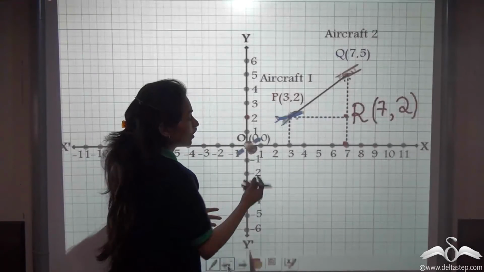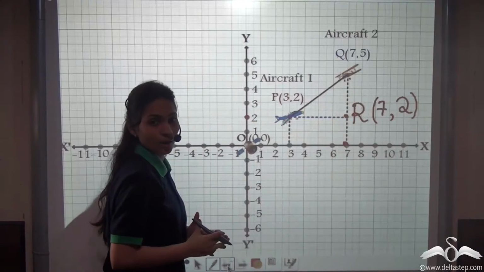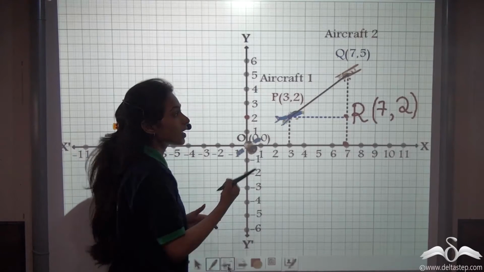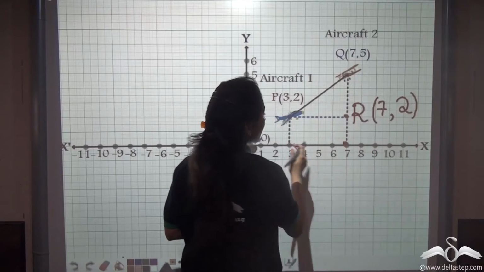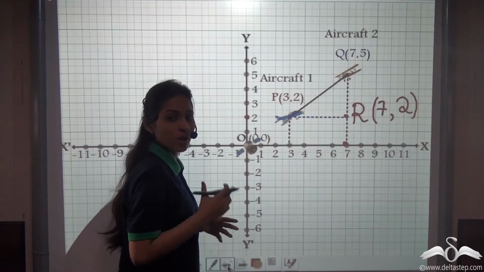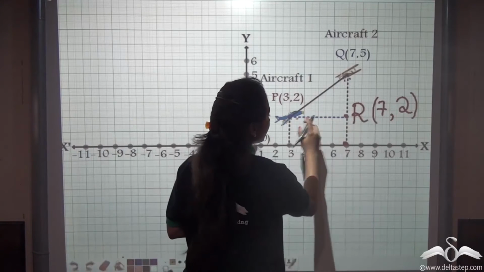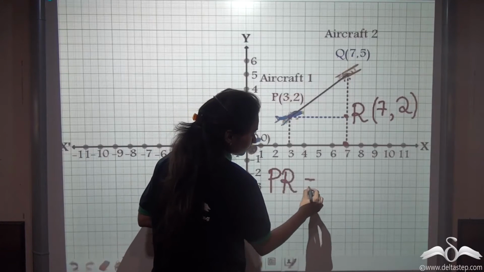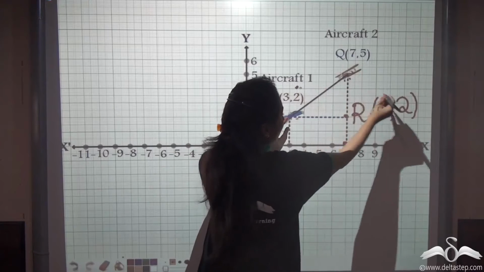Now can you find out the distance between PR and QR? Well, that's easy for you. You already know how to find out the distance between 2 points when they have the same x coordinates or the same y coordinates. We just subtract the other 2 coordinates. So we can find the distance between PR. Well, P and R have the same y coordinates.